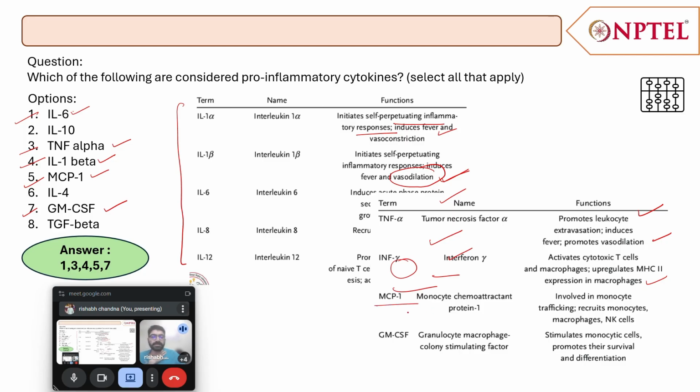Then MCP1 is involved in monocyte trafficking, and recruits monocytes, macrophages and NK cells. Then we have GM-CSF, granulocyte macrophage colony stimulating factor. It stimulates monocytic cells, promotes their survival and differentiation. So these are the common pro-inflammatory cytokines that come into the picture during inflammation. Okay, so any doubts in this particular question?